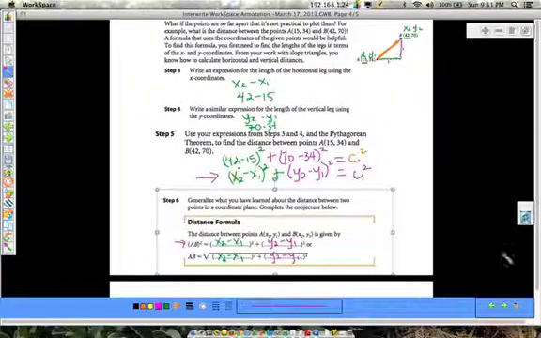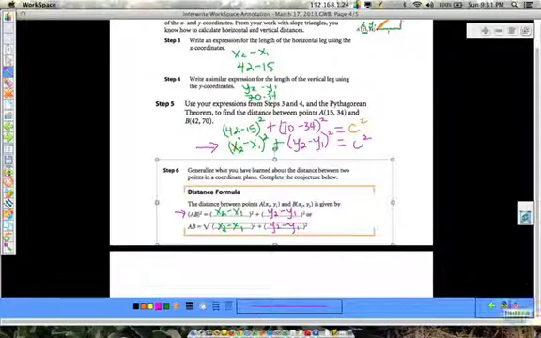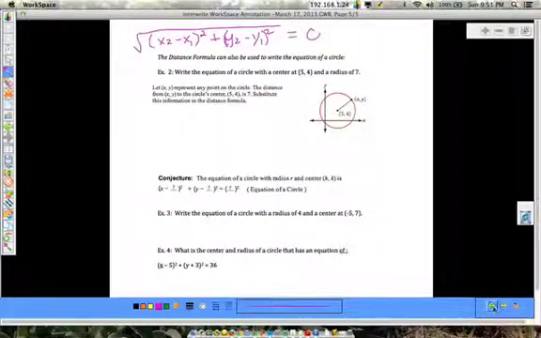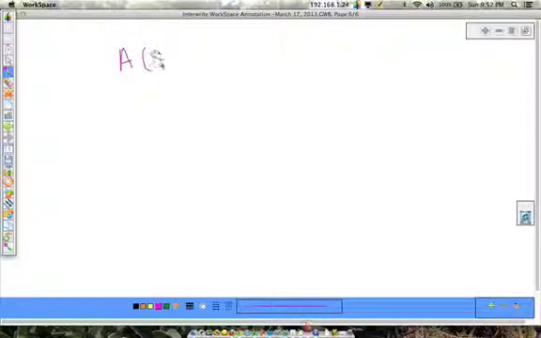I meant to have an example right here. I'm just going to write it right above. Our example on your note sheet says example 1, and it says use the distance formula to find the distance between 8, 15, so A, we're going to do a new sheet. A is 8, 15, and B is negative 7, 23.